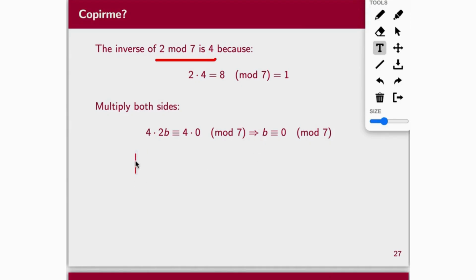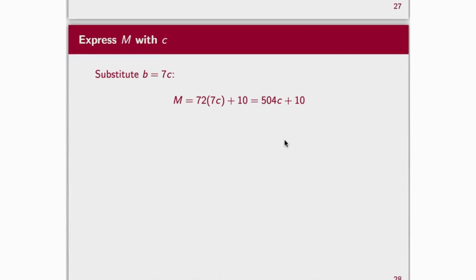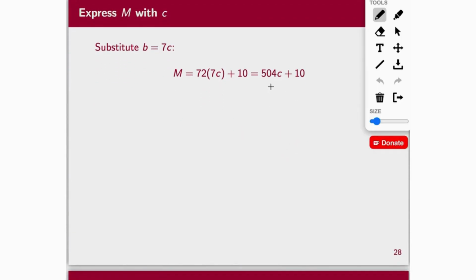We get 8B is congruent to 4 times 0, which is just 0, mod 7. We can simplify 8, and it becomes 1. So B is congruent to 0 mod 7, and we can rewrite that as B is equal to 7C plus 0. Now we substitute this back in, like previously, and get 504C plus 10.